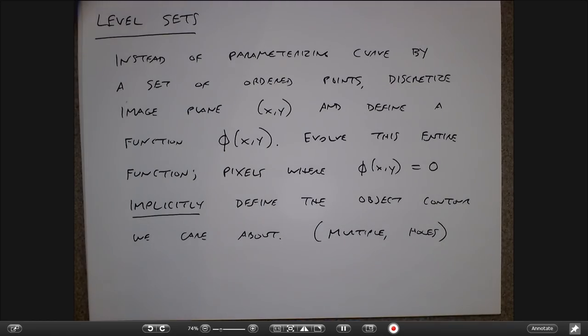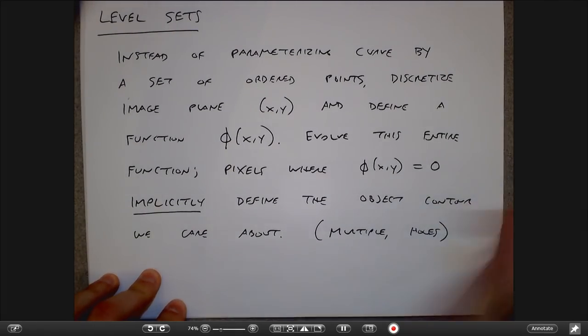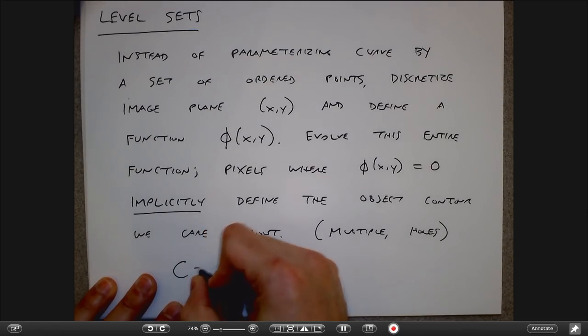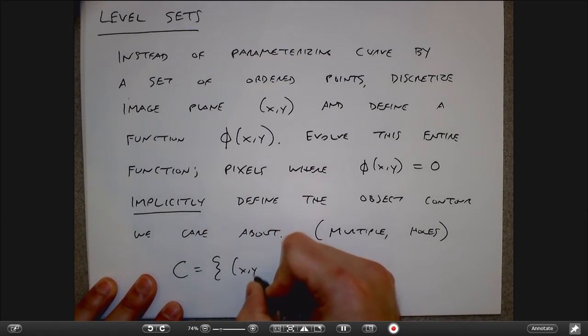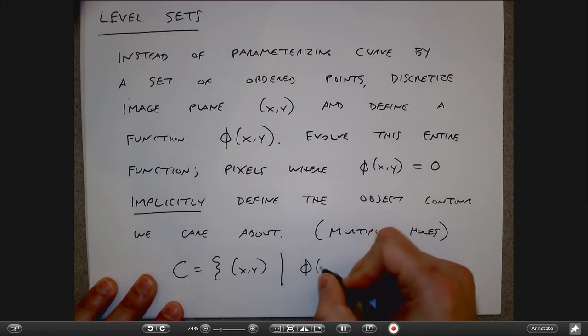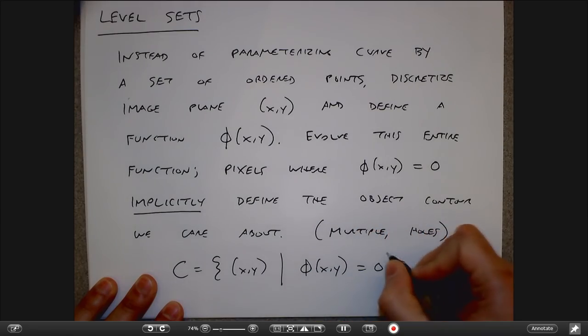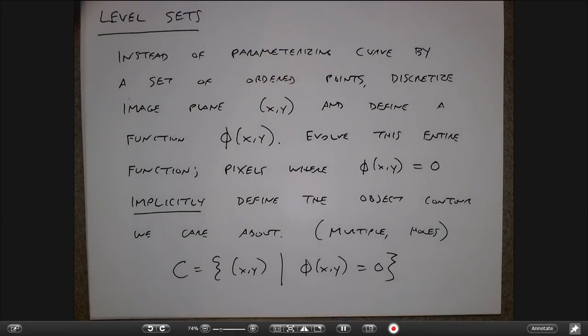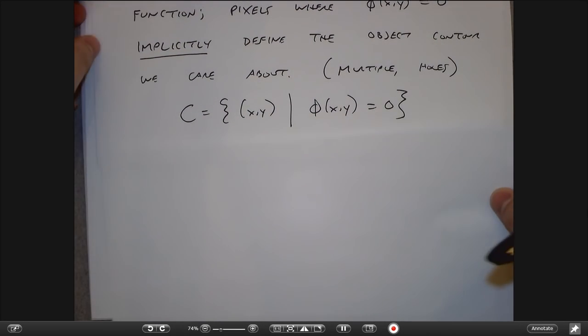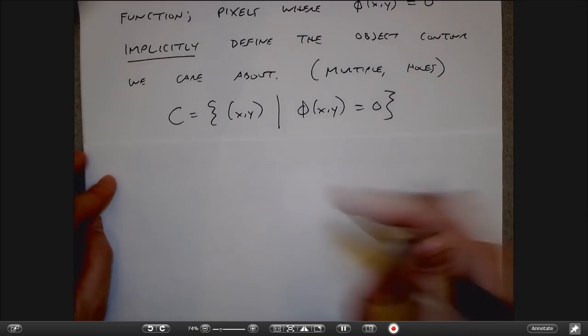So let me do a better job of sketching this for you. The idea here is that the curve that I get at the end of the day is the set of places where this level set function equals 0. So, for example, let's suppose that I have this function of x and y.